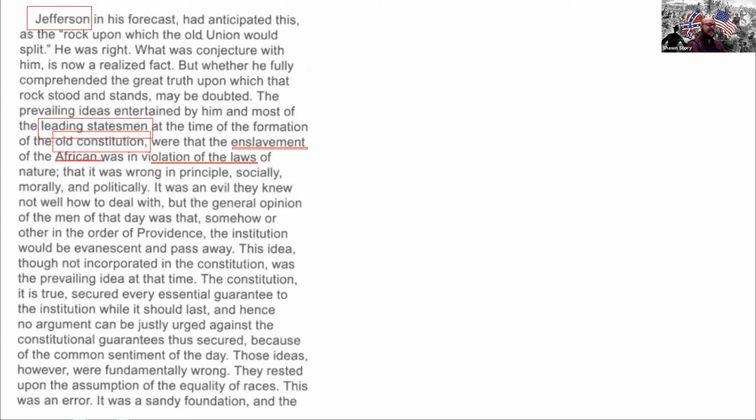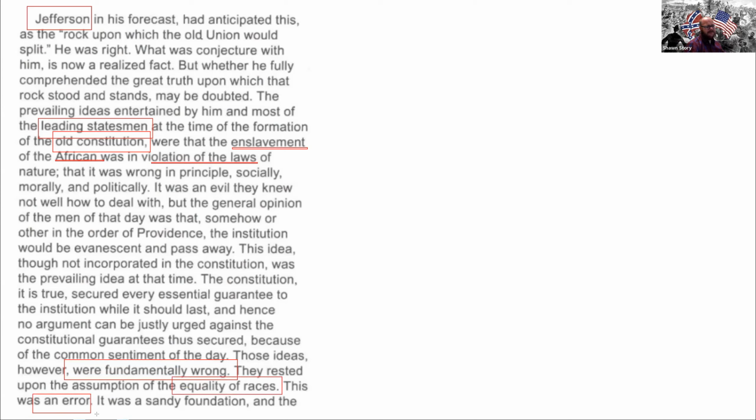But what this leader of the Confederates, again, this is the vice president of the Confederacy, this new country in the South. They support slavery, they support agriculture, and they support states' rights. He's talking about the old Constitution, and he was like, their ideas were completely wrong. When they said all men are created equal, they really didn't mean all men are created equal. That they believed in this equality of races.